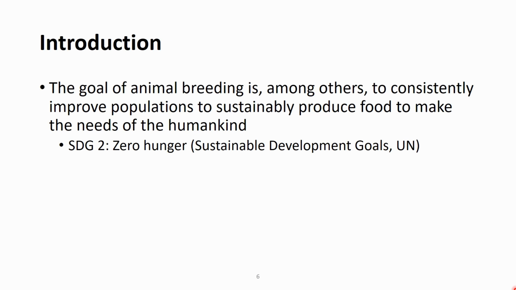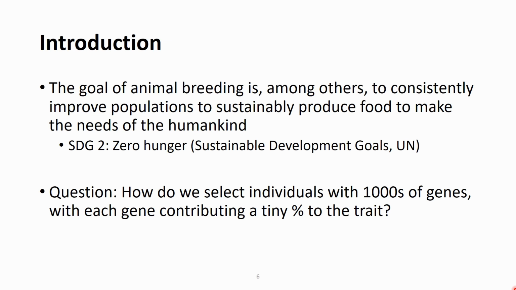Of course, animal products are not the only source of food, but they greatly contribute to achieving the goals and targets highlighted by SDG 2, Zero Hunger, which is related to the Sustainable Development Goals of the United Nations.